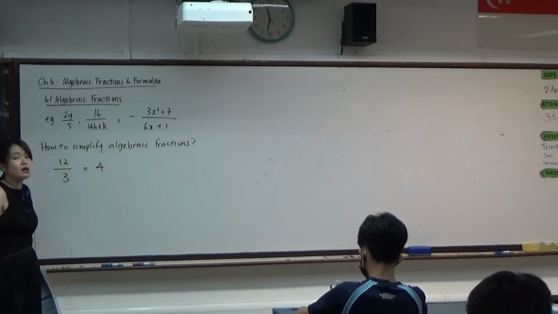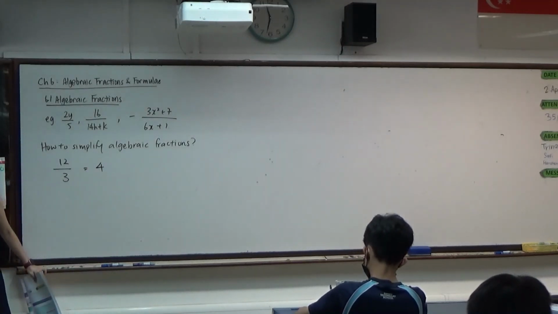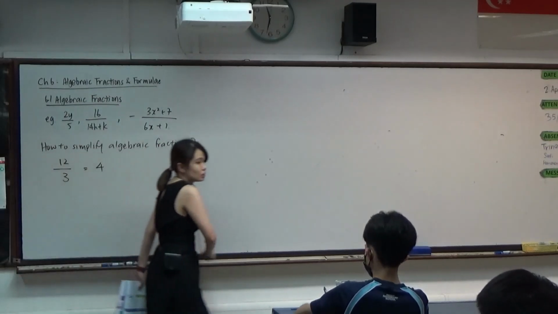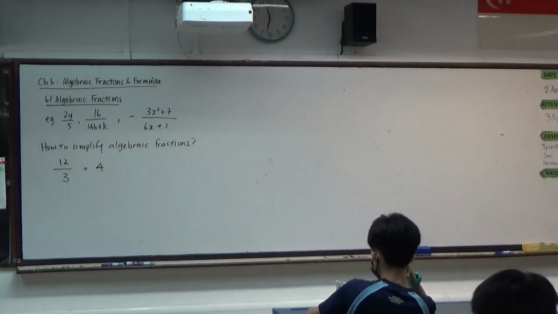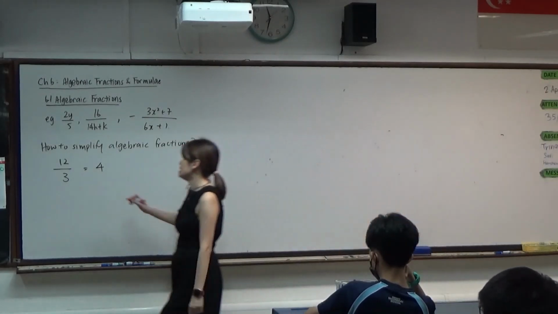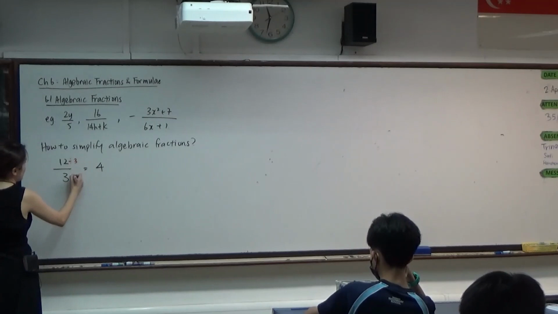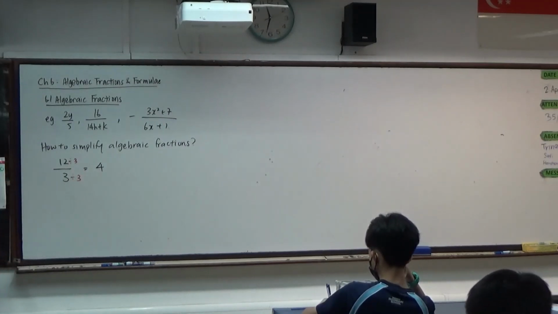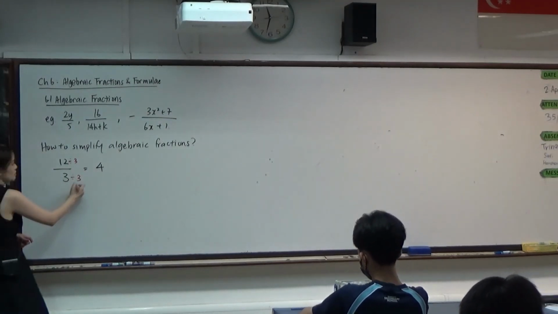And how do we get 4? Because numerator and denominator, we can divide by 3. Agree? So we simplify by dividing the numerator and the denominator by a common factor.